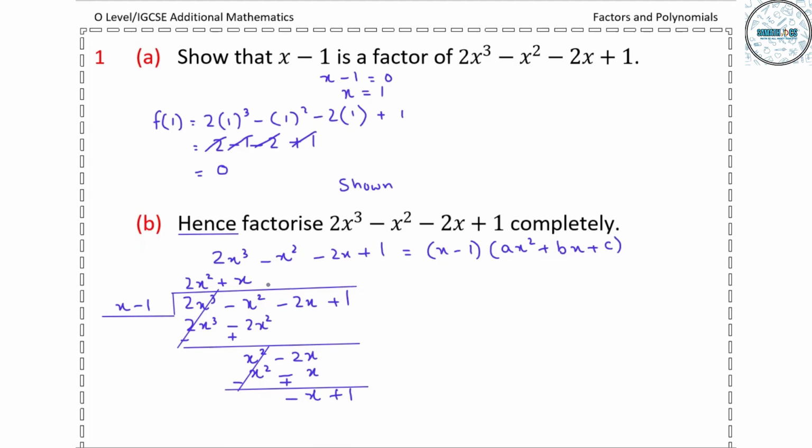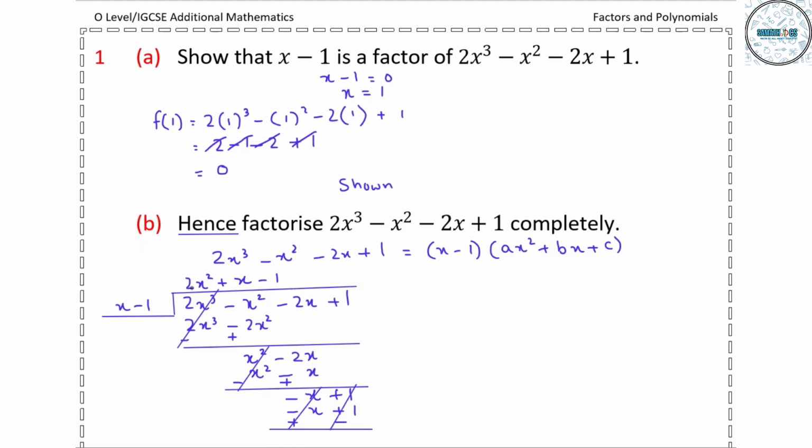Now we will multiply x by minus 1 so that we can get minus x plus 1. We change the signs. This will give 0. And this will also give 0.